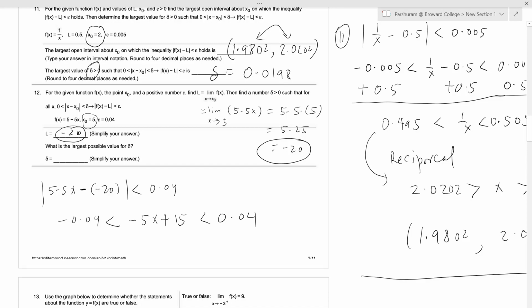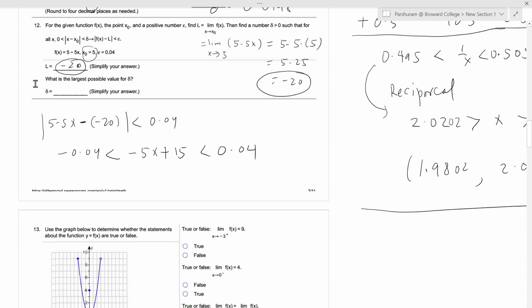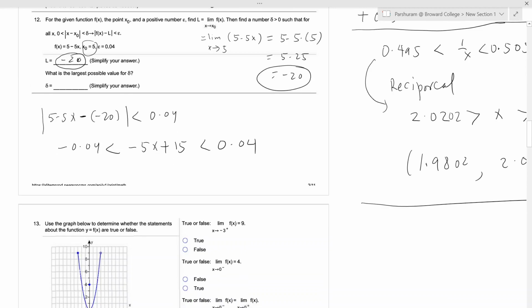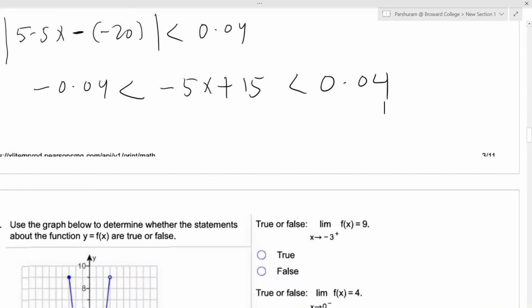Okay, so now we can just find the value of delta, and it can be found if we make this middle expression x minus 5, because x0 is 5.